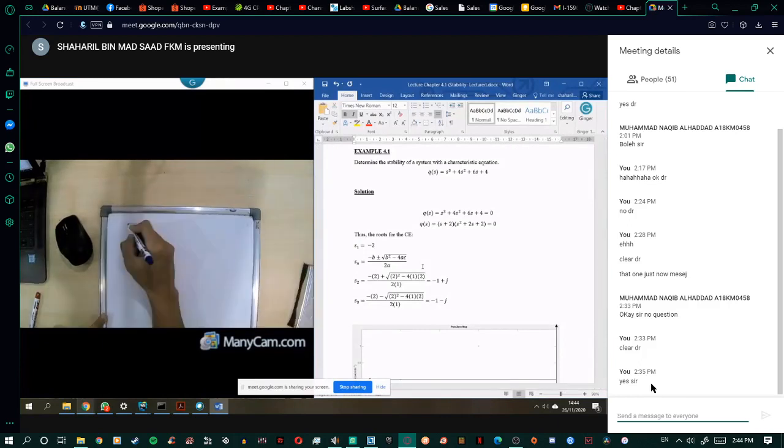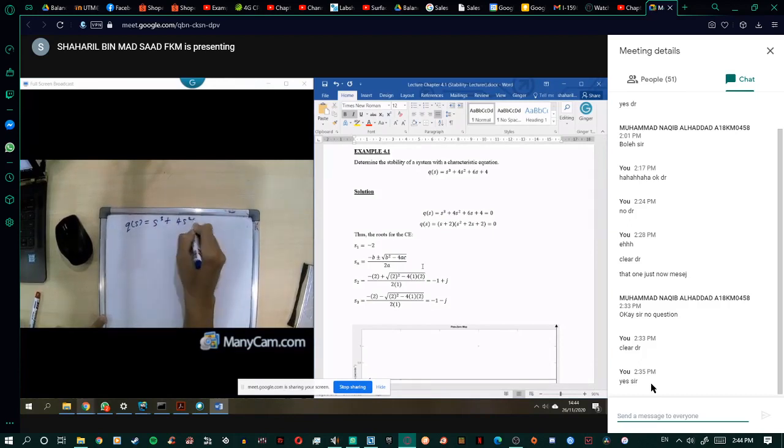Now for example, you have your system Q(s) equal to s cubed plus 4s squared plus 6s plus 4. Then you need to find the roots first.